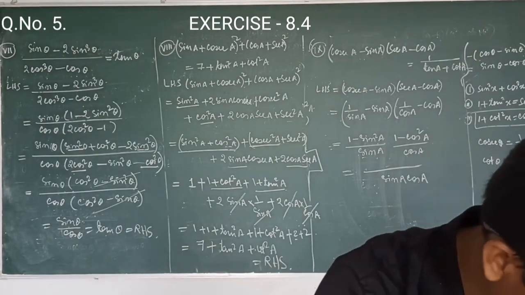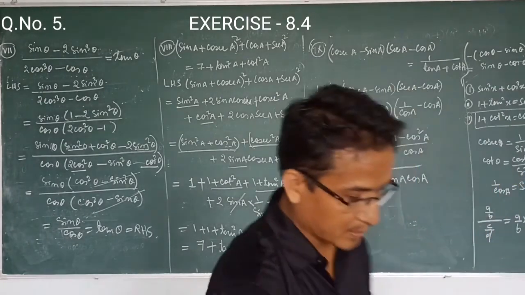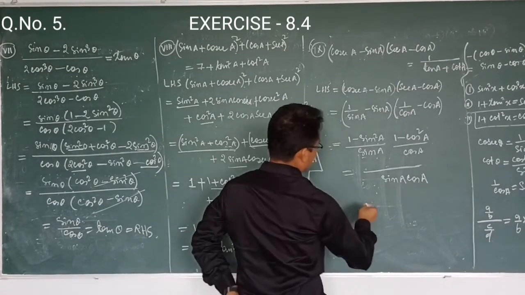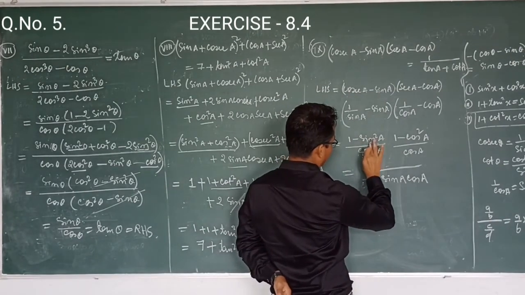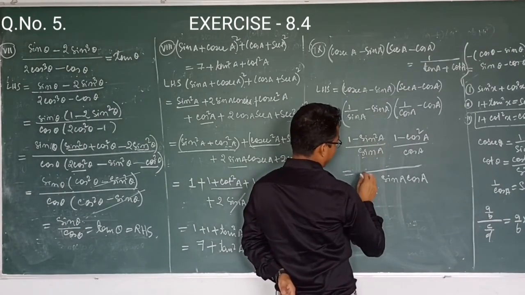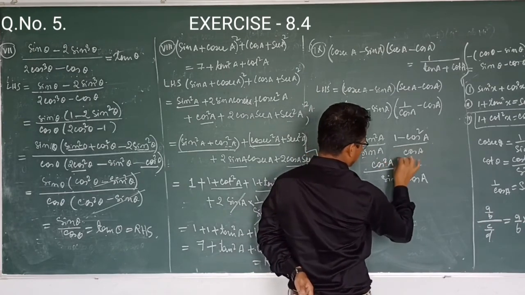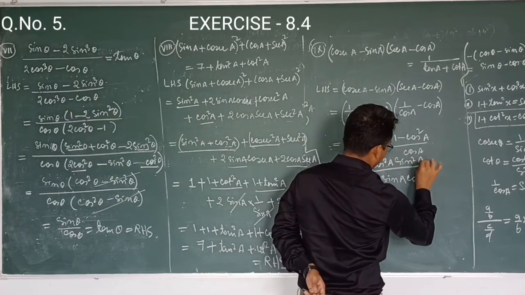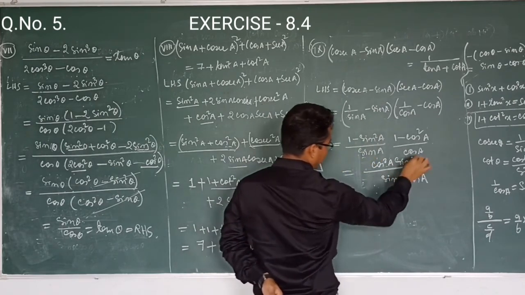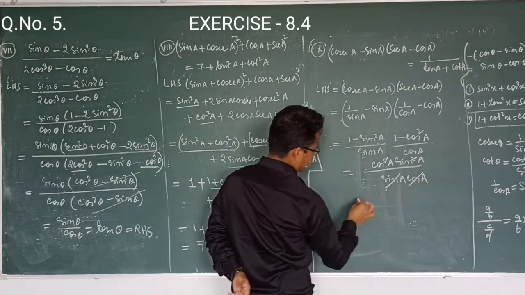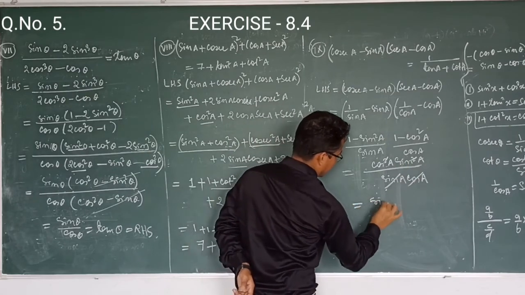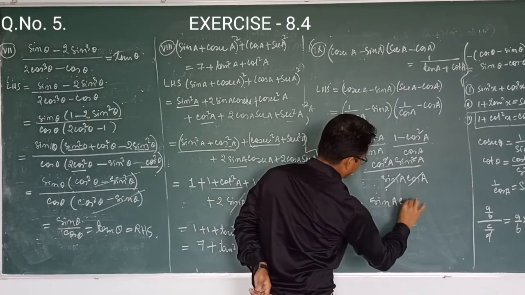There is not a plus. Okay. So this 1 minus cos square A means sin square A, and 1 minus sin square A means cos square A. So 1 cancel, then we will get sin A by cos A.